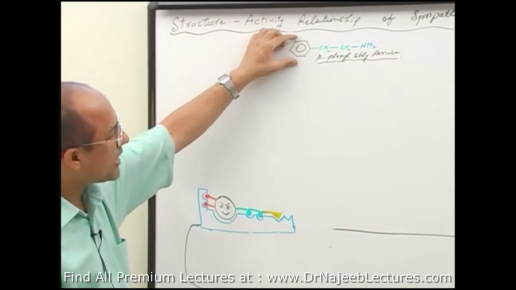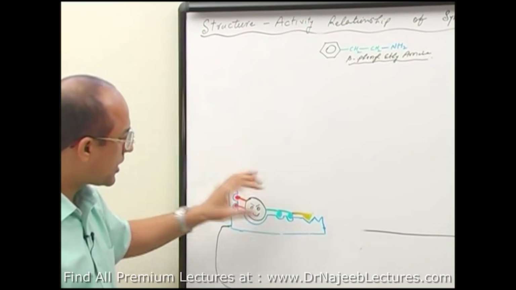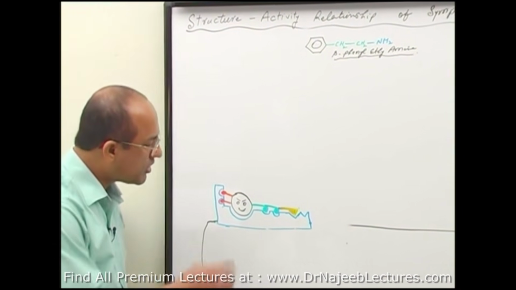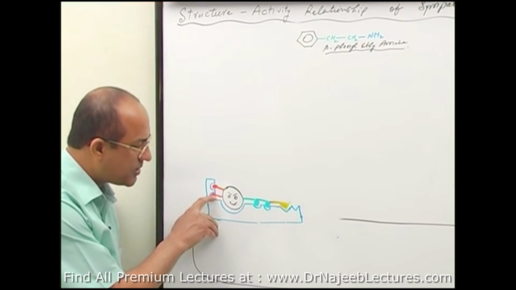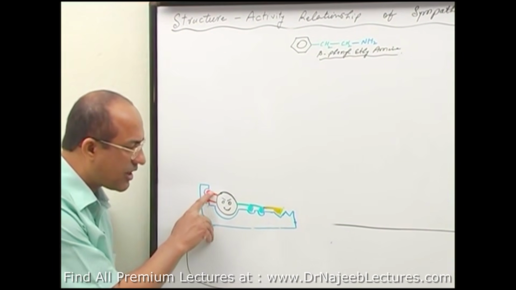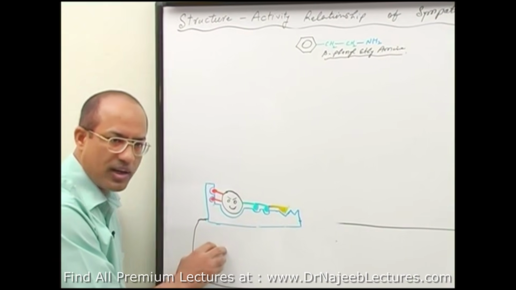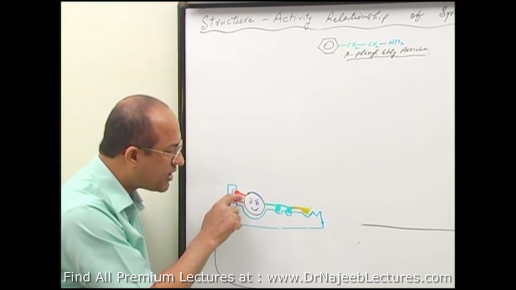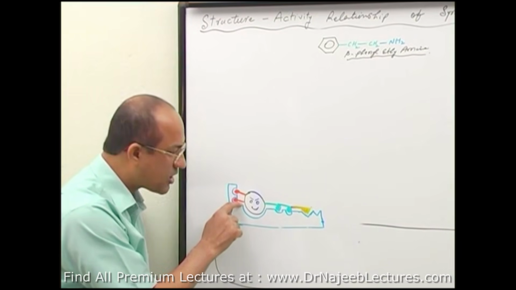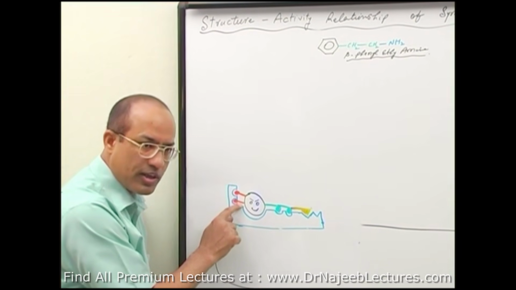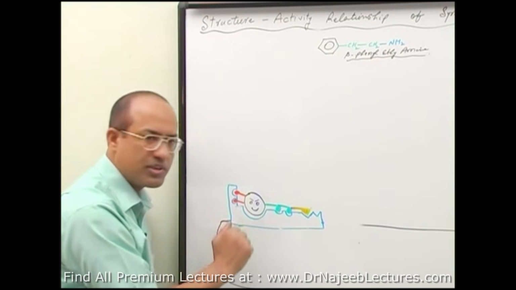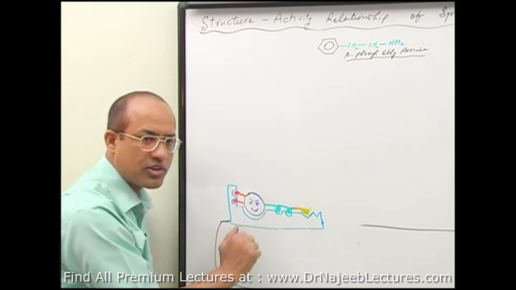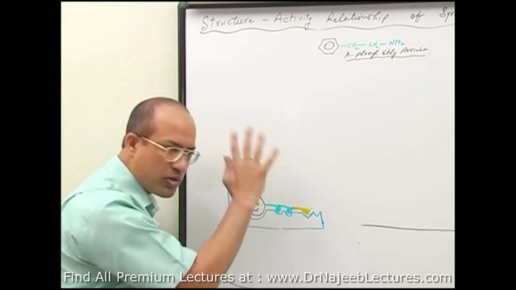When applying this structure to the receptor, catecholamines, due to the presence of these hydroxyls, bind strongly to the receptors. But non-catecholamines, because they do not have hydroxylation at the third and fourth carbon of the benzene ring, do not bind strongly. They have low affinity for the receptor and bind and bounce back.